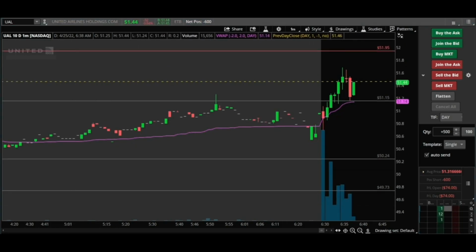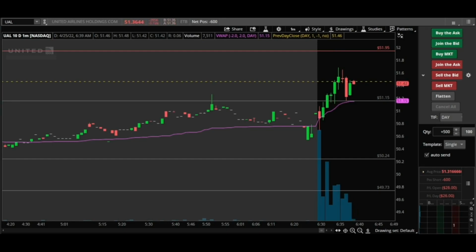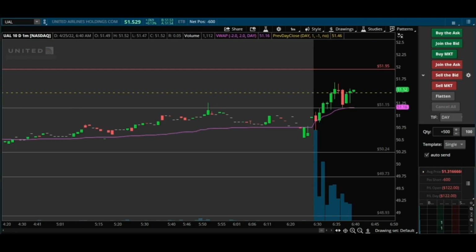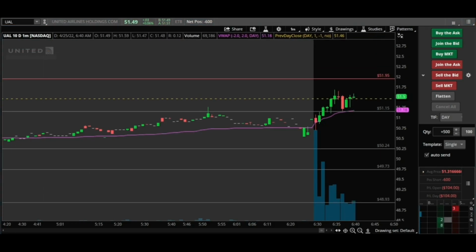The reason being, because I gave it 60 cents risk, I need to not cut myself short. I need to also give it 60 cents to the downside. So I really don't want to cover this thing until it gets down to 51, even lower than that, like the 50-50 area.